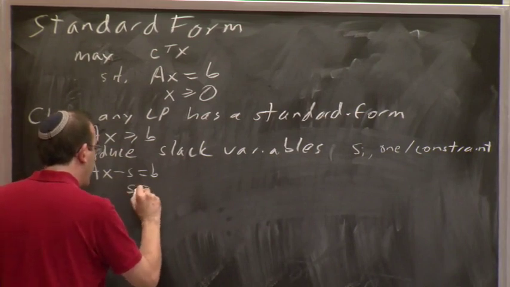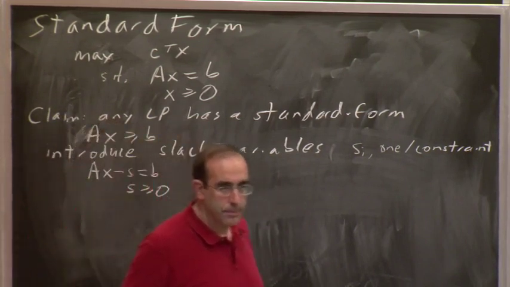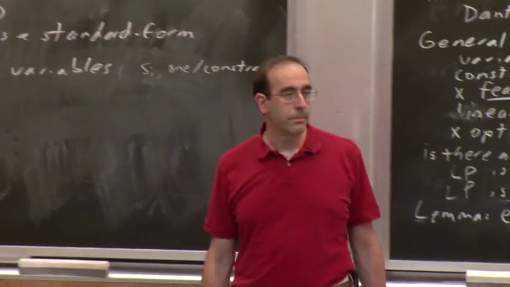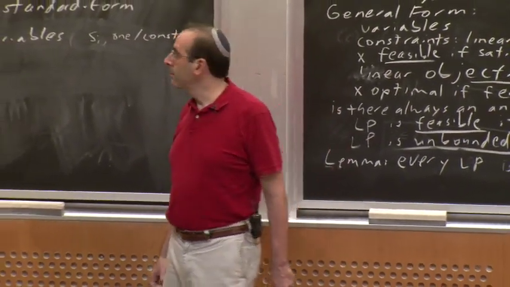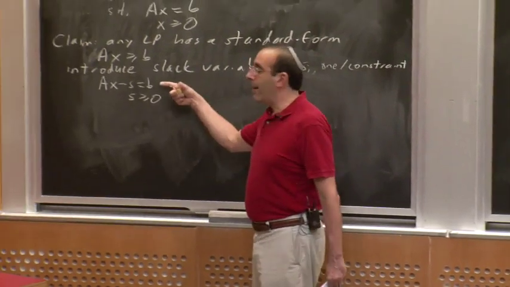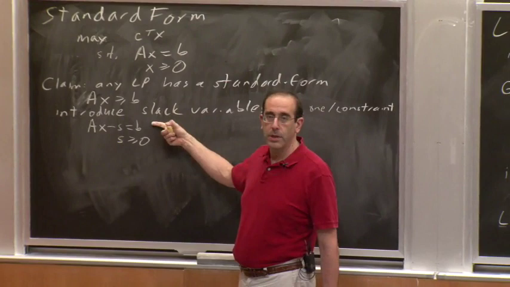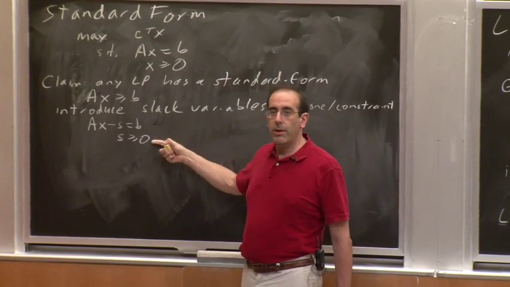And we write s greater than or equal to 0. Okay. So why does that accomplish what we wanted? Well, you notice we now have the equality constraints, right? We turn things into equality constraints. But what does this s greater than or equal to 0 accomplish?